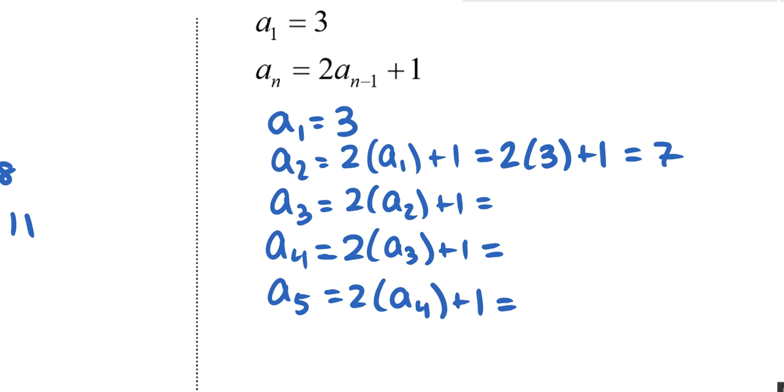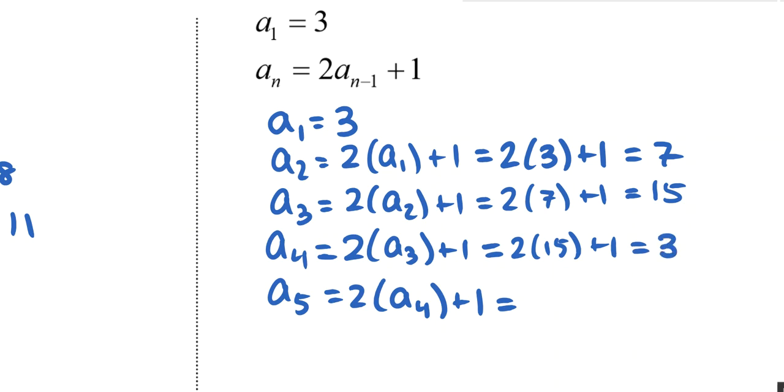To find the third term, I'm going to say 2 times the second term plus 1. 2 times 7 plus 1 would be 15. And to find the fourth term, we're going to say 2 times the third term, or 2 times 15 plus 1. 2 times 15 is 30, plus 1 would be 31.